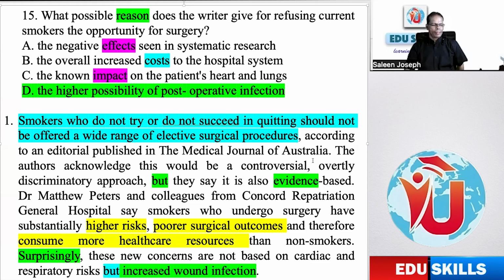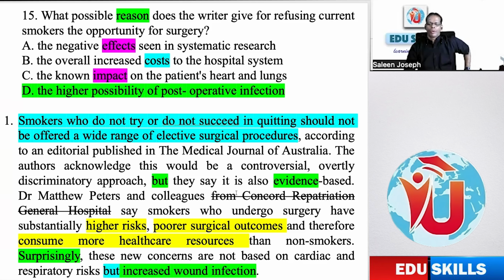See, when you read, here you see Dr. Matthew Peters and colleagues from... all these things you can just eliminate. There you can read directly: Dr. Matthew Peters and colleagues say smokers who undergo surgery have substantially higher risk. So ignore the subject complements.